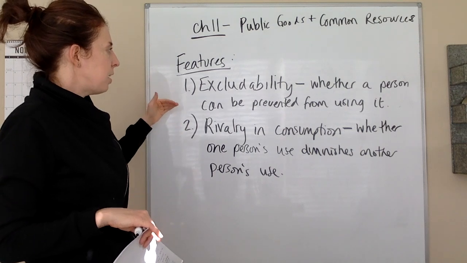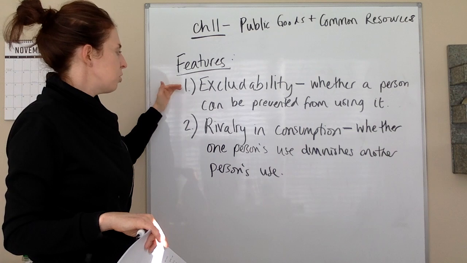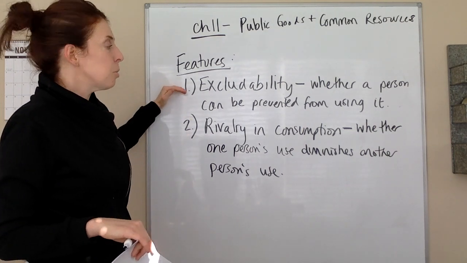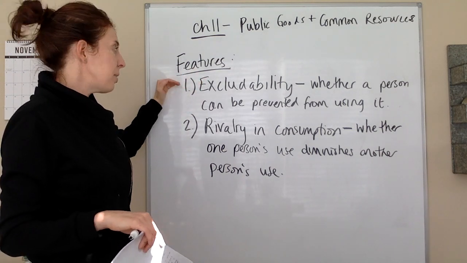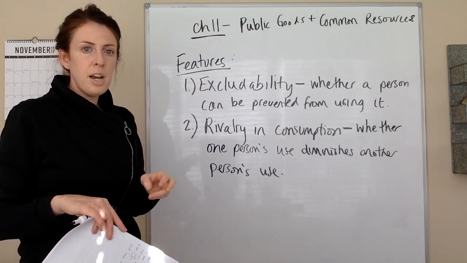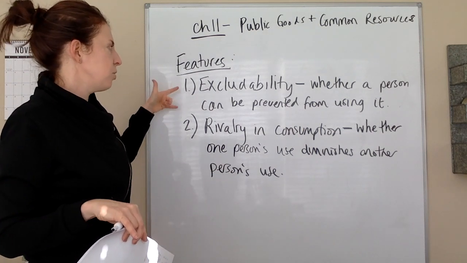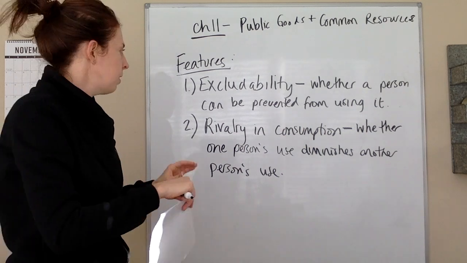A good might be excludable and rivalrous, one group. It might be excludable but non-rivalrous, another group. It might not be excludable but rivalrous, that's a third group. And it might be neither excludable nor rivalrous, that's the 4th group. So based on how you characterize each good according to excludability and rivalry, we can position it in one of 4 categories.